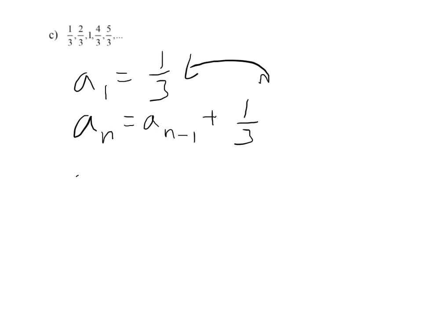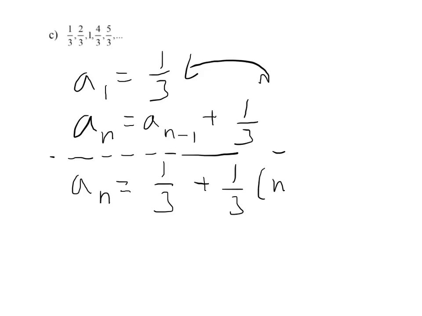Now for the explicit formula, the nth term formula, I'm going to take the first term plus the common difference times n minus 1.